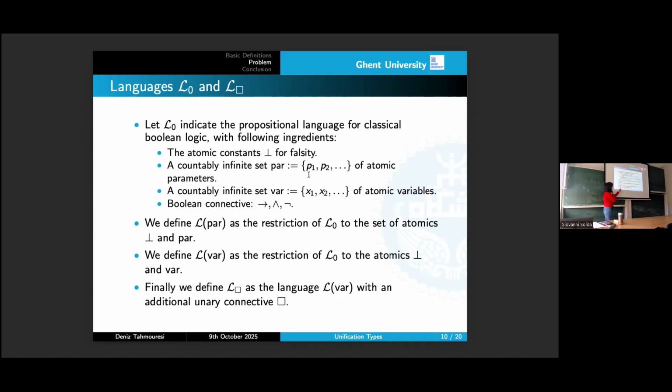We say that L par is a restriction of L0 to just the parameters and constant bot. And L var is a restriction of L0 again, to the atoms, bot and ref. And finally, we say L box is L var with an extra connective, as before, the extra connective box.